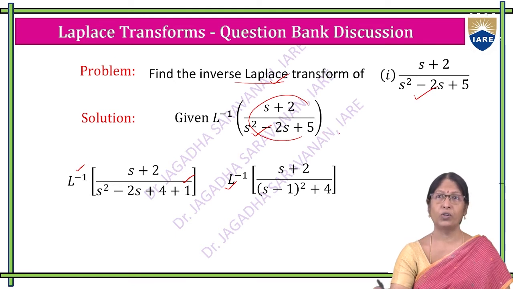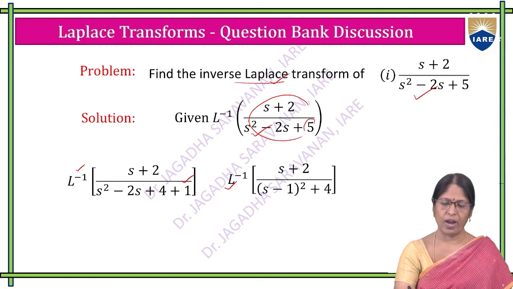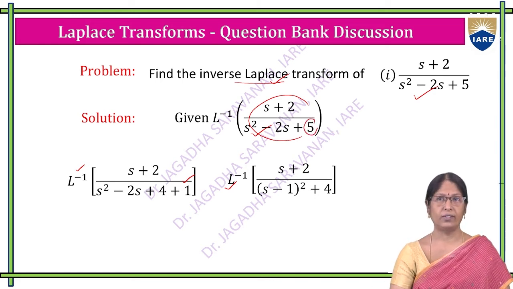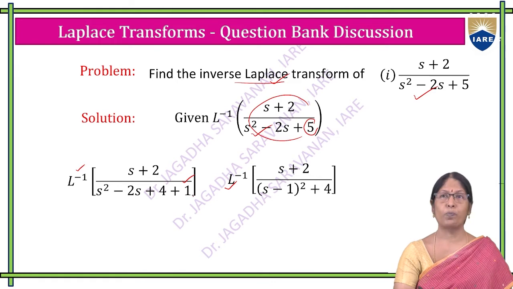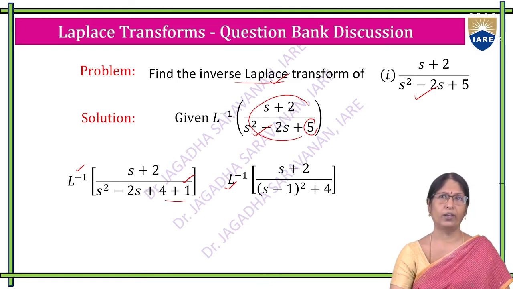For that purpose, we are writing it in such a way, 4 plus 1. Why are we doing this? To fit the already defined formula; this problem has to fit in that place.